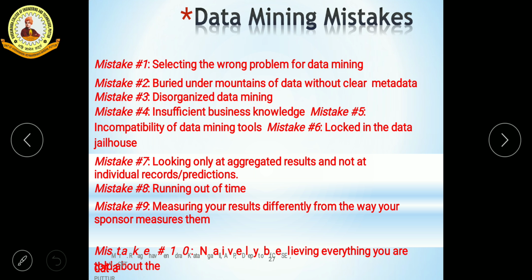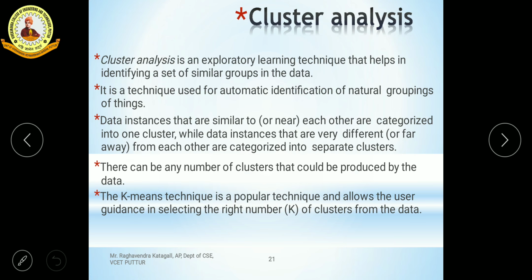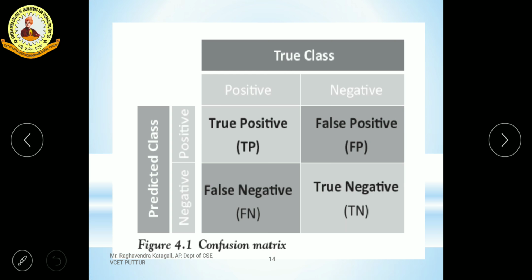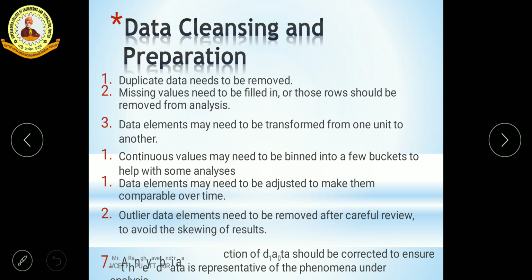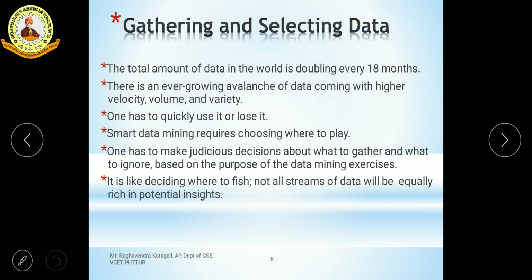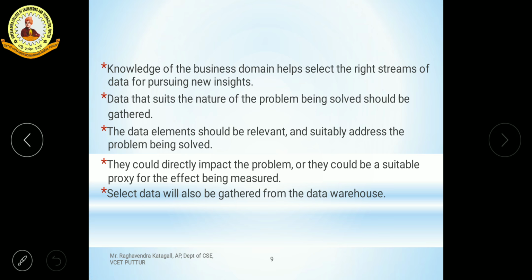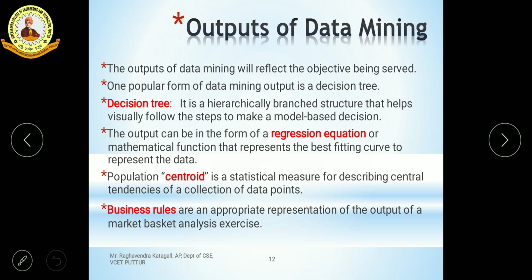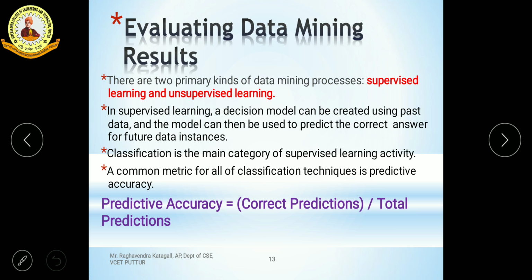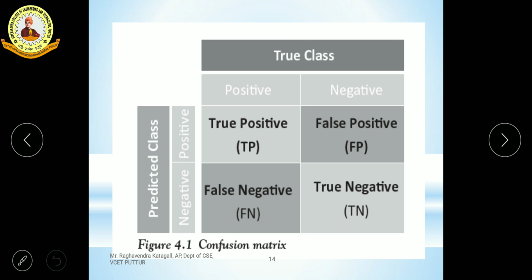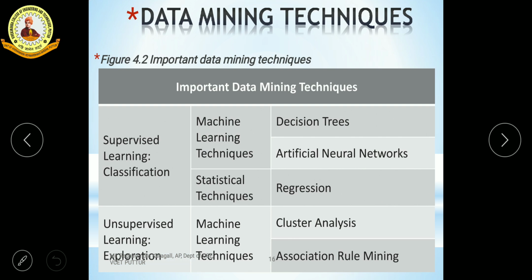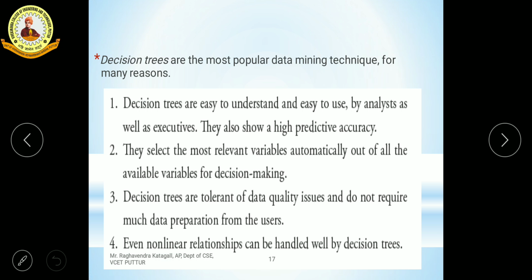So in this chapter, what we have learned, I'll just quickly glance. You have learned what is data mining, and what are the steps in data mining. The steps are gathering and selecting the data, then cleansing the data, and preparation. Then these are the outputs of data mining. You have learned the confusion matrix, and you have learned some data mining techniques, supervised learning and unsupervised learning.